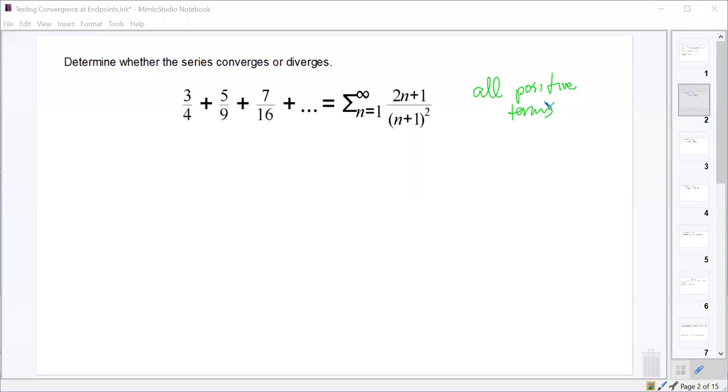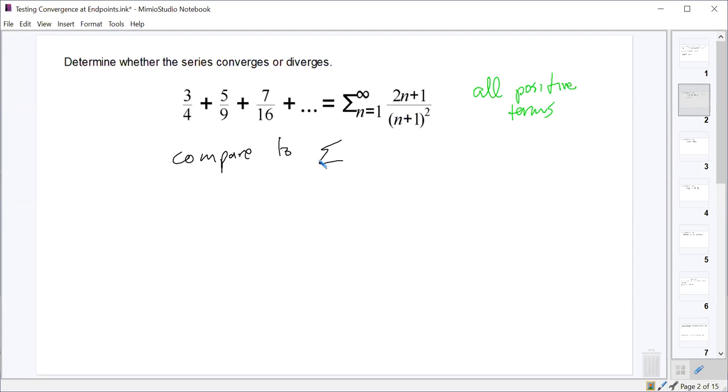Okay? And when we're doing this limit comparison test, what we generally want to look at is the base nature of this function. So this is an n to the first, and it's an n to the second in the denominator. And so the first series that we might want to try to compare it to will be the reduced down version of just the base series from this, which is n over n squared.